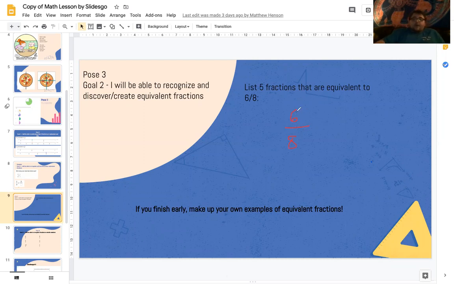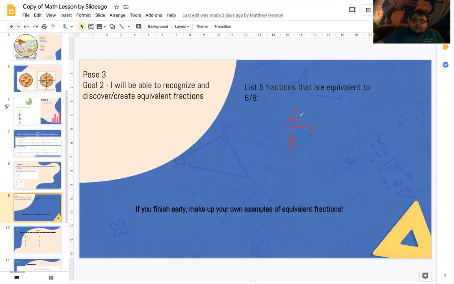So if I want to find an equivalent fraction, this is actually one of the easier things to do. One way to find an equivalent fraction is by multiplying. So I can multiply 6/8 by something. I usually like to start at 2, because if you start at 1, you're just going to get 6/8 again, and that's kind of pointless.